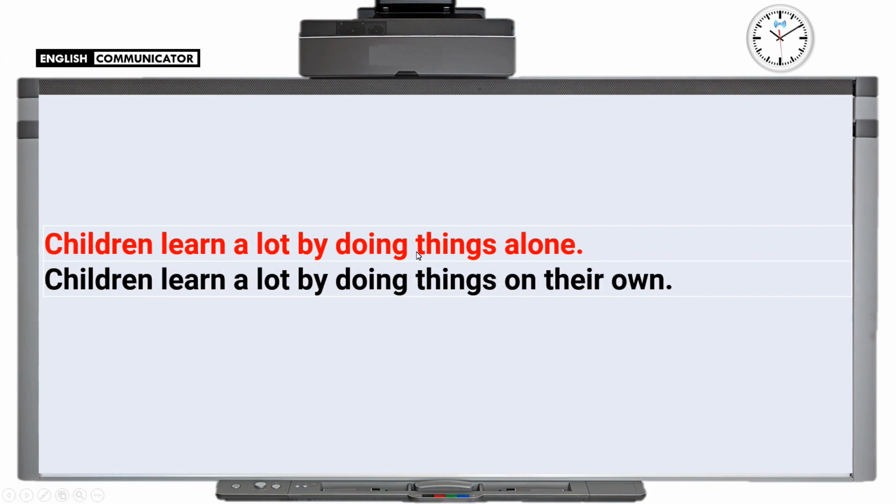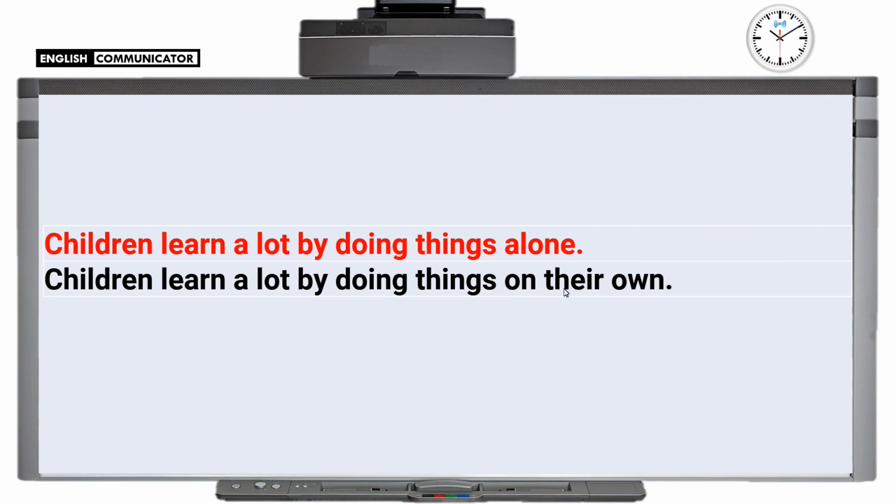Children learn a lot by doing things alone. Children learn a lot by doing things on their own. And that is a very famous mistake. Most of the people make this mistake. Children learn a lot by doing things on their own. I have gone to school on their own, or shopping on their own.